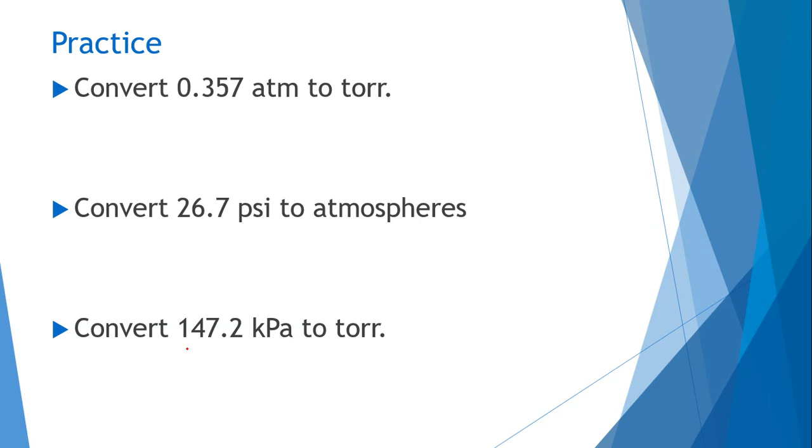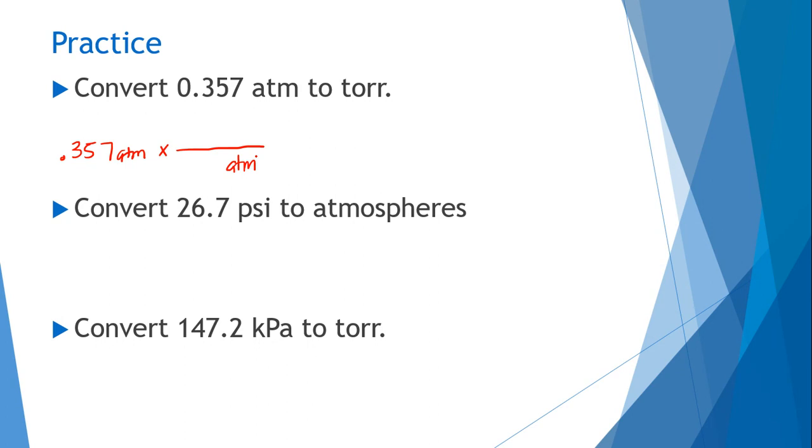Our first practice problem says we're going to convert 0.357 ATM to torr. Just like any conversion, you are going to start with what you are given. So here you are given 0.357 ATM. Just like we did first semester, in order to use a conversion, we need to cancel out what we're given. So here we're given ATM, so to cancel it, we have to put that on the bottom.